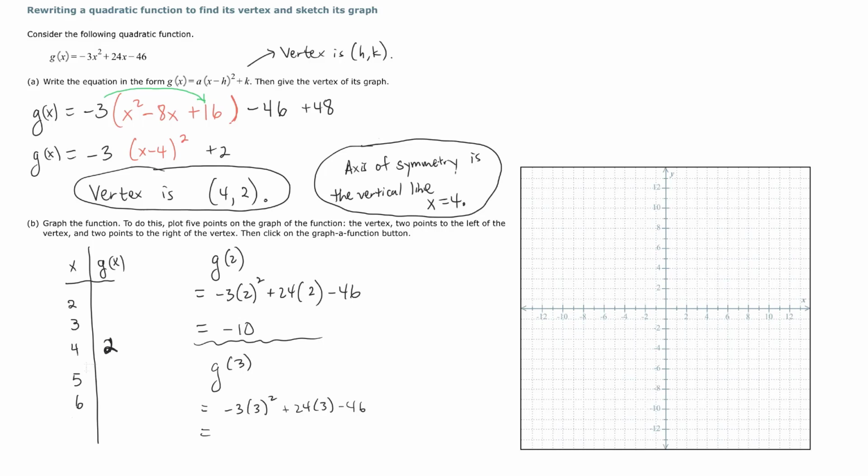That's -27, add 72, and then take away 46. Let's do 46 and 27. Let's see how much that is. That's 73. So this is going to equal negative 1. So we have negative 10, then we have negative 1, then we have negative 1, and then we have negative 10 again.